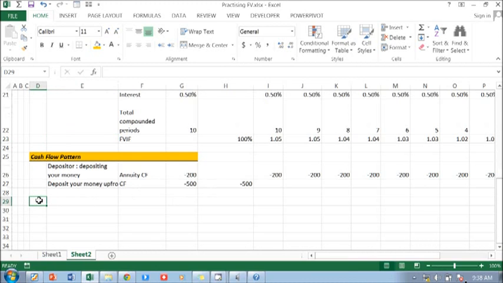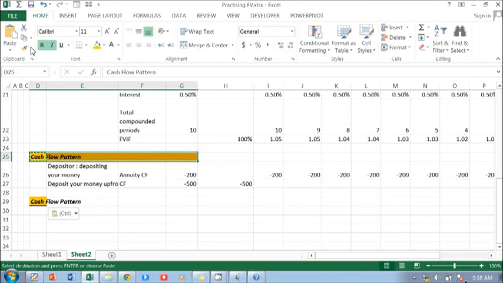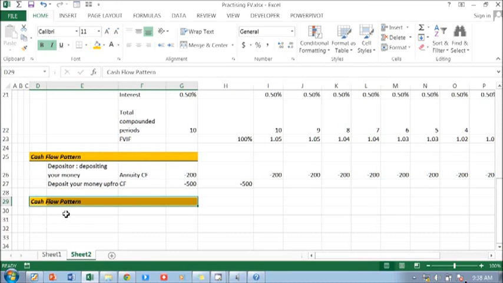So basically now you have to calculate your future value. Just copy here, Control C, then you go to FV. So this is your future value calculation.